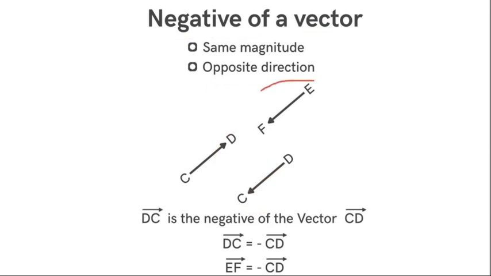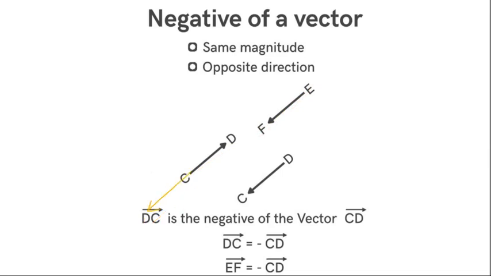So compare this vector EF and this vector CD. Again, what did I say? To compare, first move this vector parallel. I have moved this vector in the forward direction parallel to the initial direction. Now I'll displace it in the upward direction, but this one has to be parallel.